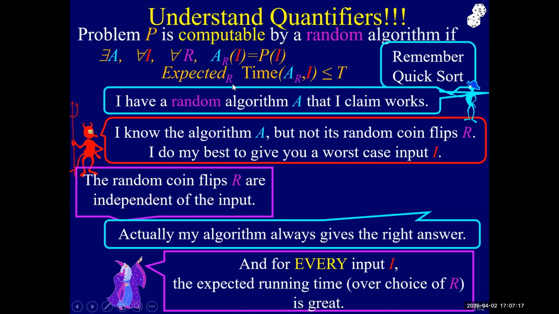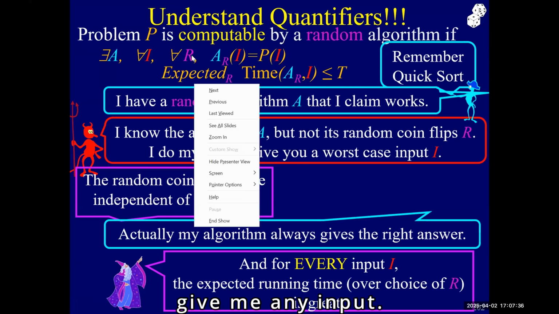But some coin flips are going to have a really bad time. Some coin flips are going to give hash functions for which there are lots of collisions, and then the running time will be high. Given any input, there's a hash function where all those keys get put in the same place, and if you get those coin flips, the time is going to be horrendous.